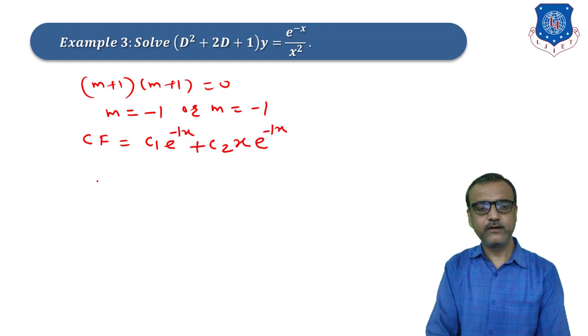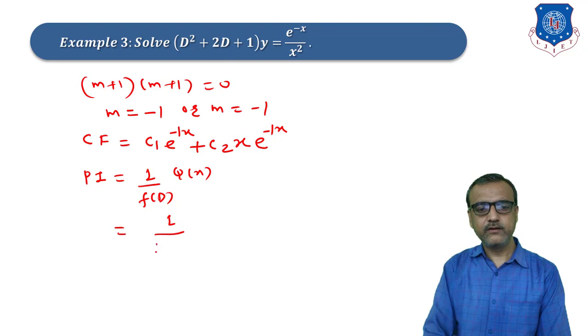Now we will find out PI. PI is equals to 1 upon f of D Q of x. So this is equals to 1 upon f of D, which is D square plus 2D plus 1, and Q of x is e raised to minus x upon x square.